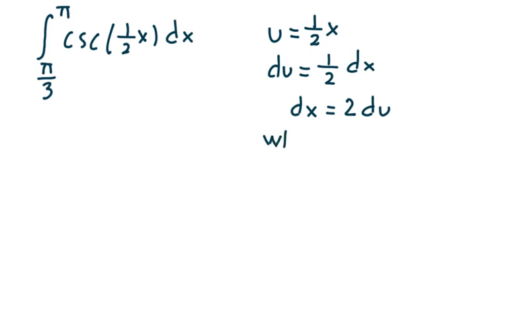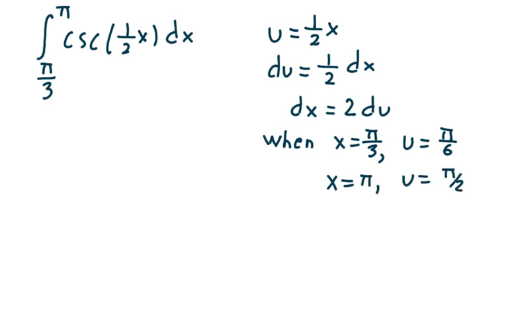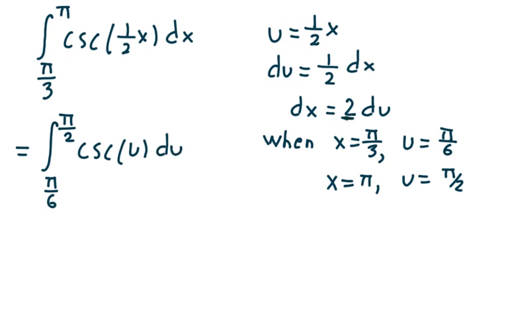When x equals pi over 3, u equals pi over 6. And when x equals pi, u equals pi over 2. And so this is the integral from pi over 6 up to pi over 2 of cosecant of u du, but remember we have that 2 on the outside.